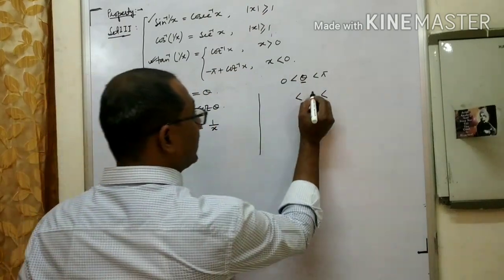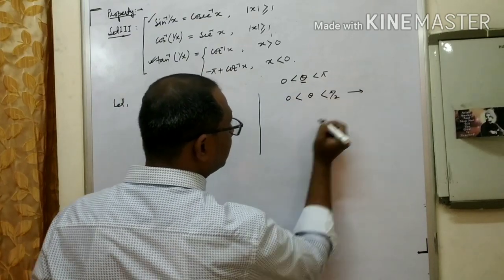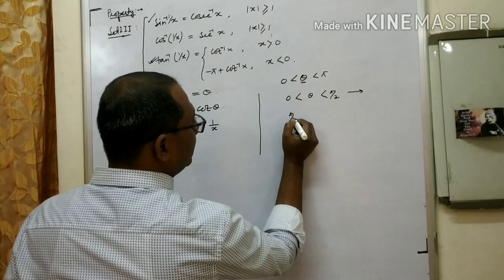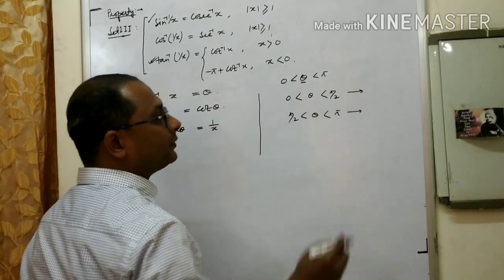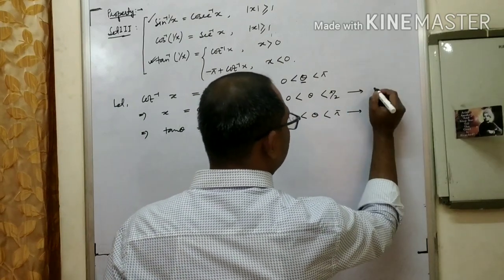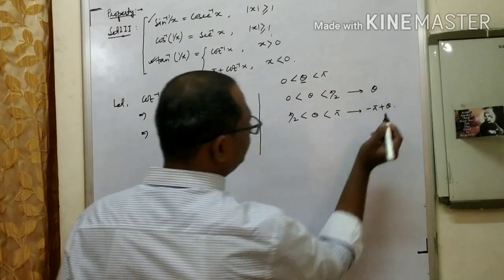When theta is lying between 0 to pi by 2, I will get one value, and when theta lies in the other interval, I will get a different value. For this interval we get theta itself, and for this interval we get minus pi plus theta.